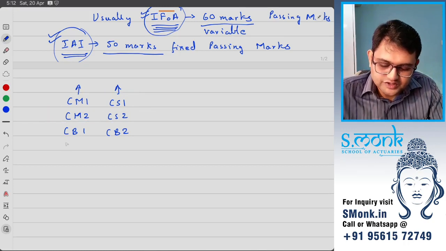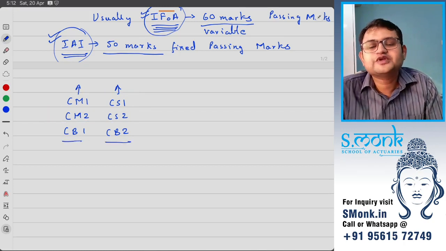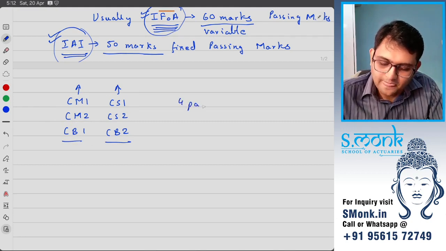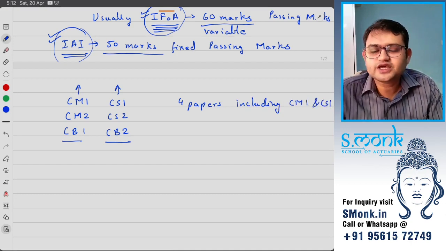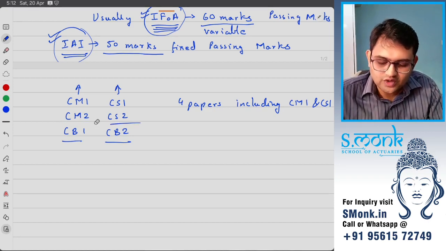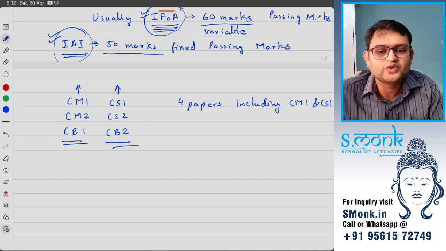Okay. These CB1 and CB2 are more of filler papers. Usually what they say is you should have completed 4 papers, including CM1 and CS1. Okay, so in this case, the other 2 papers, whether it is CM2 or CS2 or whether it is CB1 or CB2, it does not matter.